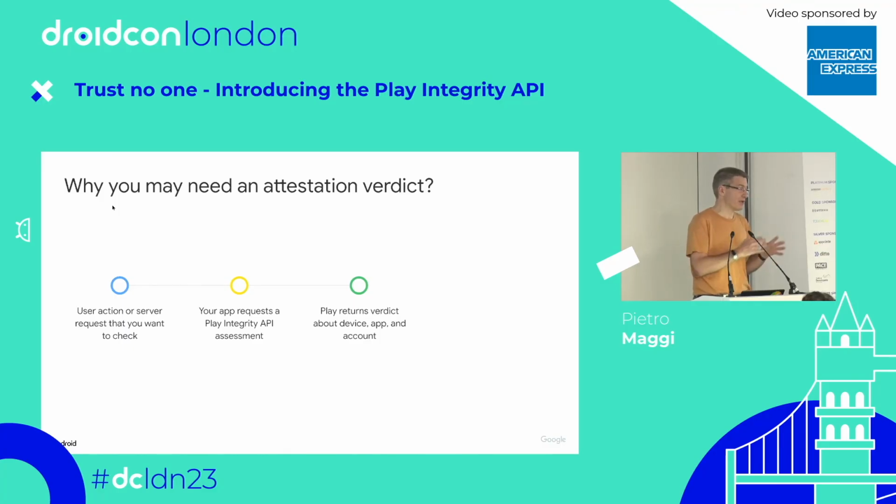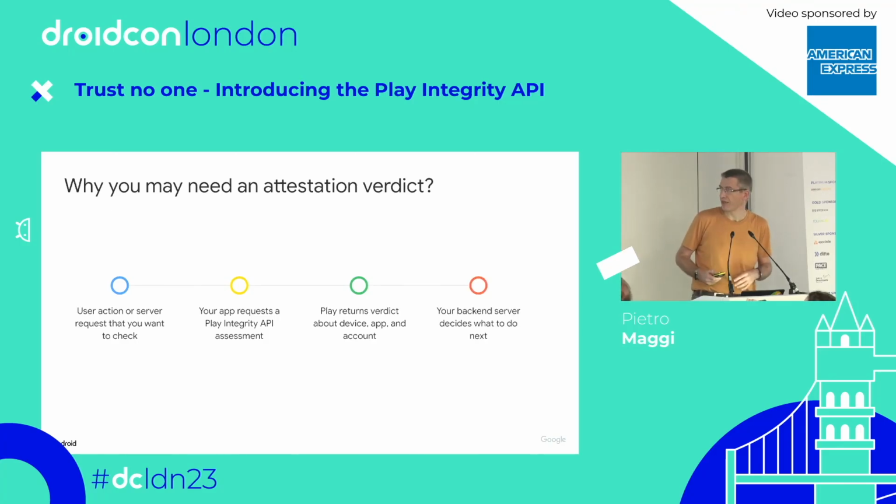So it's not just about the device. You are going to get information about how trustworthy this device is: is it rooted, is it up to date, and so on. About the application, we are checking that the application has not been tampered with. And the other thing is that we are giving information about how trustworthy the Play account is that the user is using.